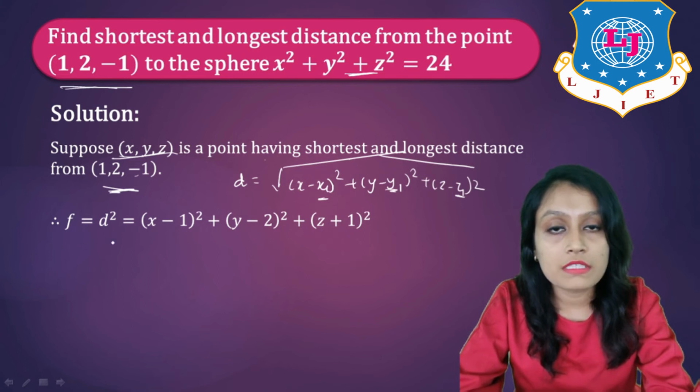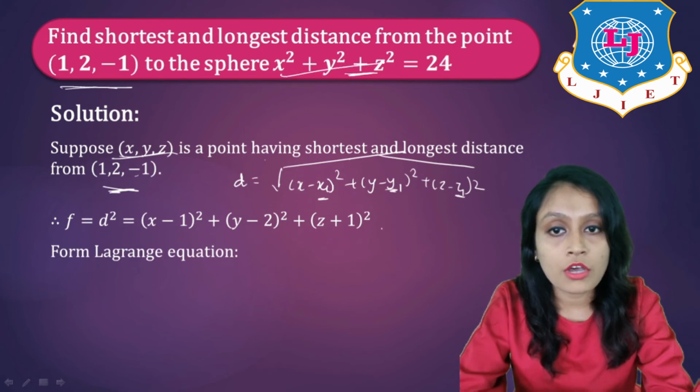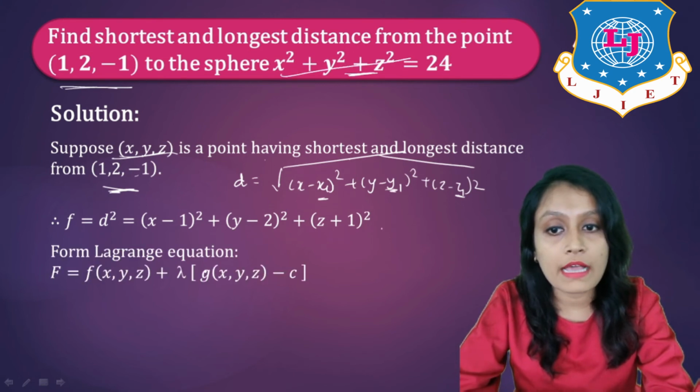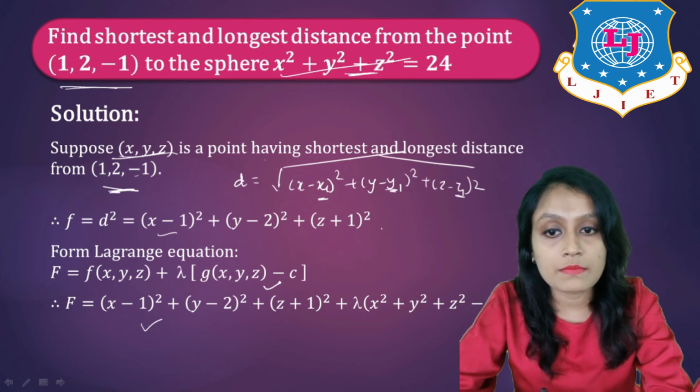So you will get f is equal to d square, that is (x minus 1) square plus (y minus 2) square plus (z plus 1) whole square. So this is your function. Now this is your constraint. From the Lagrange equation, F is equal to function plus lambda times constraint. So function is this, so write down this function plus lambda times constraint.